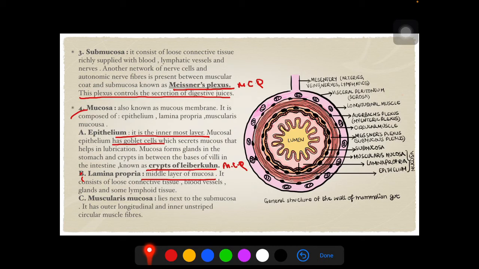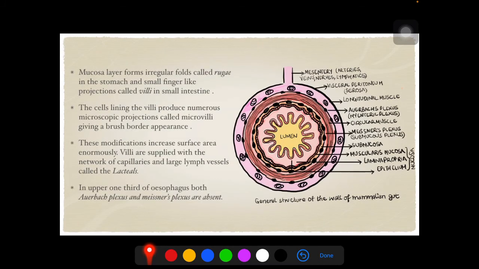The next layer which follows the lamina propria is the muscularis mucosa. It lies next to the submucosa. It has outer longitudinal and inner circular muscle fibers. This is again an MCQ question.